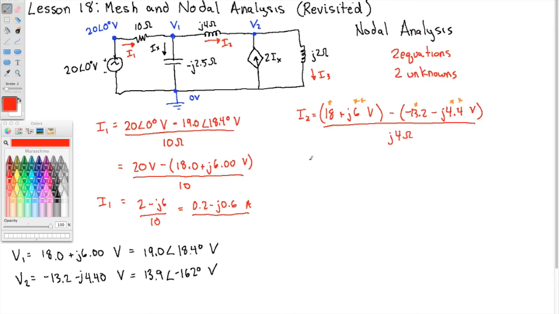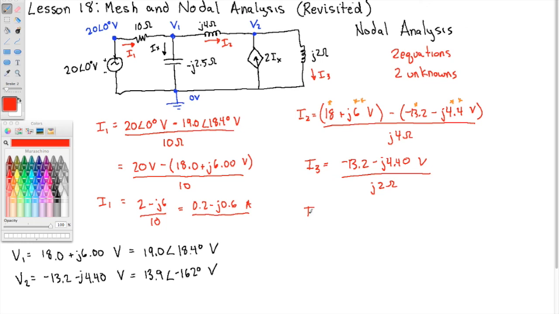Alright, I3 is V2 minus 0 over J2 ohms. So V2 is here. This is minus 13.2 minus J4.40 volts divided by J2 ohms. Okay, so you can carry out that division, and you've got I3.